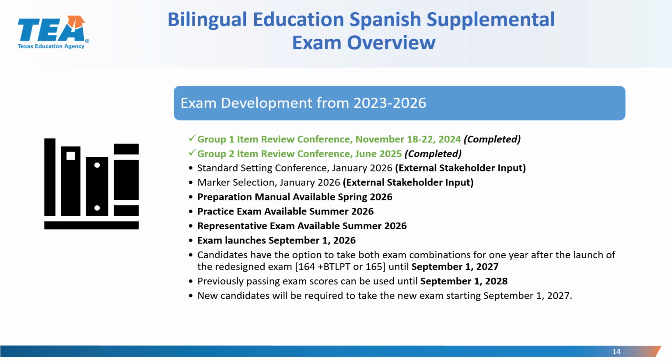Any previously passed scores on the exam from either the 164 and the BTLPT can be used until September 1st, 2028. That means programs can refer candidates for certification using passing scores that were received before September 1st, 2028. New candidates will be required to take the new exam starting September 1st, 2027.